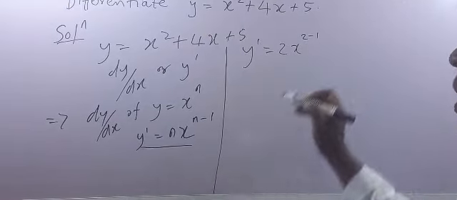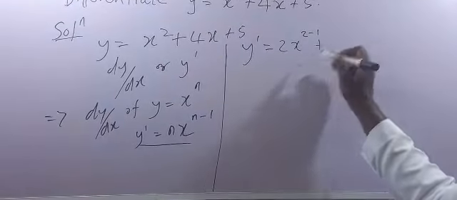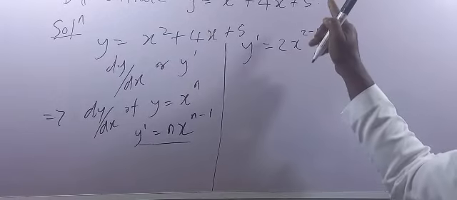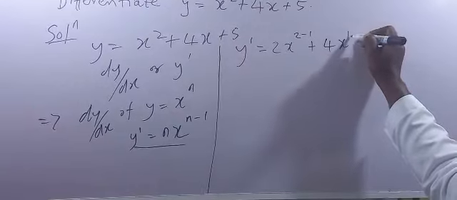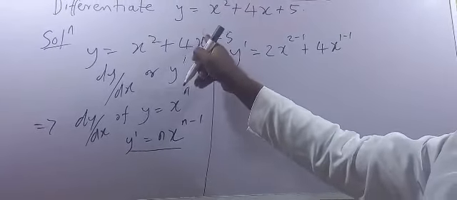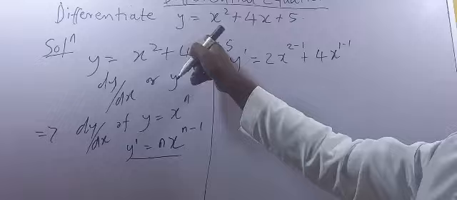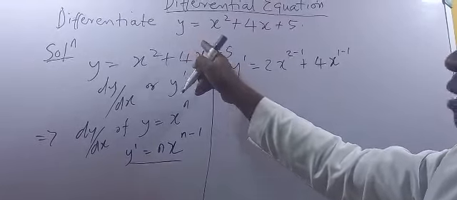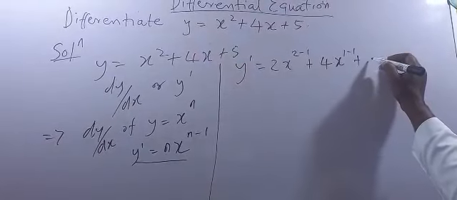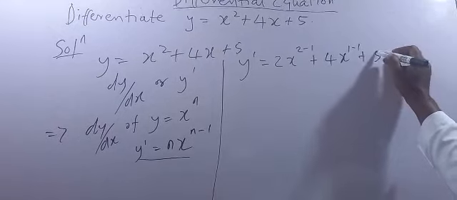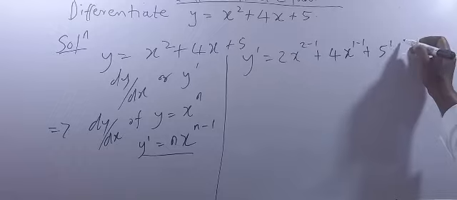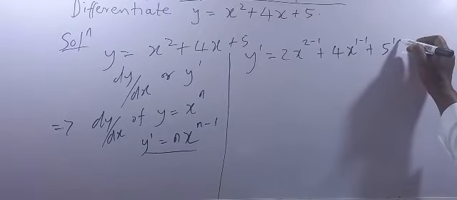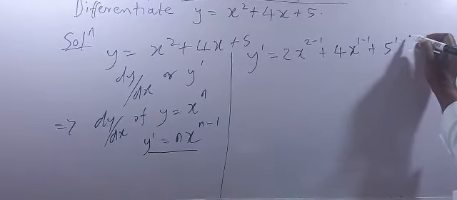Let's write everything so that then we'll just bring it out. 2x to power 2 minus 1 plus 4x to power 1 minus 1. Remember that x, only x means there's 1 up, which is not written. Then plus 5 to power, okay, 1 minus, this one will be 1 minus 1, which is a 0.